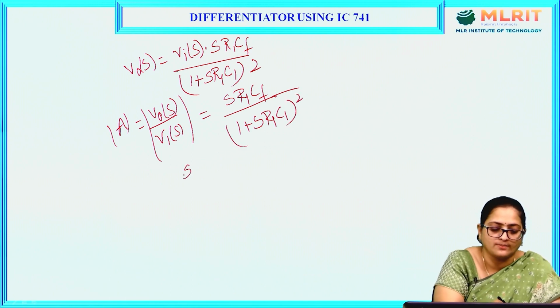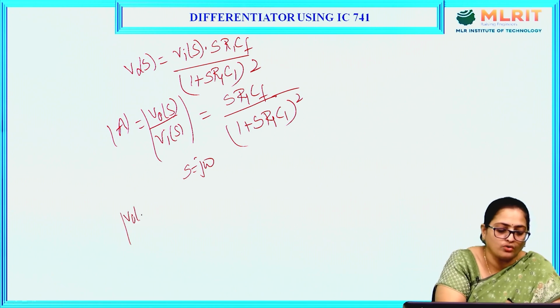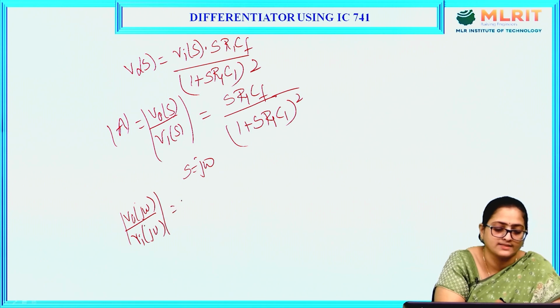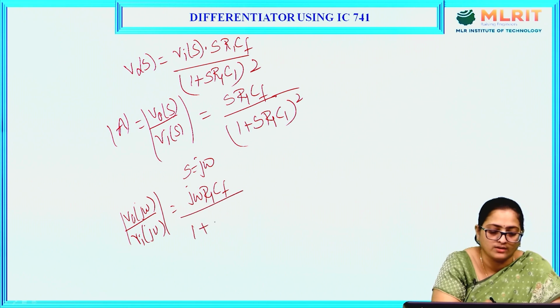Now if you substitute S equals j omega, you can write V naught of j omega divided by Vi of j omega as j omega into R1 CF divided by 1 plus j omega into R1 C1 whole square.